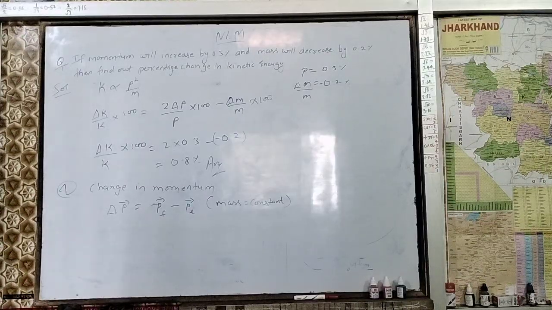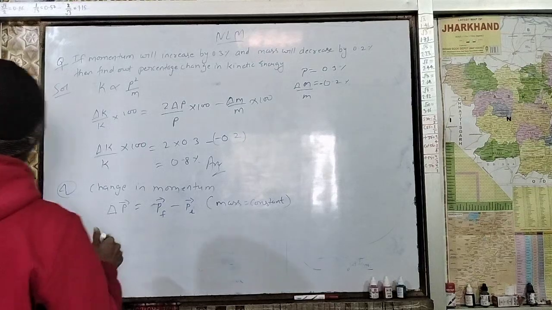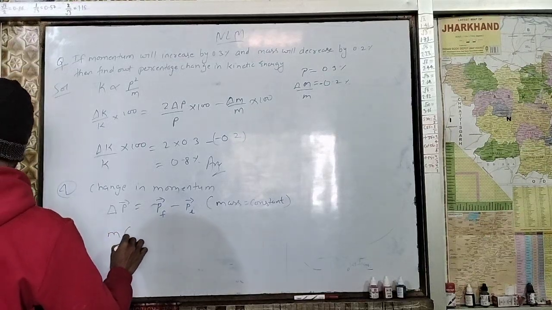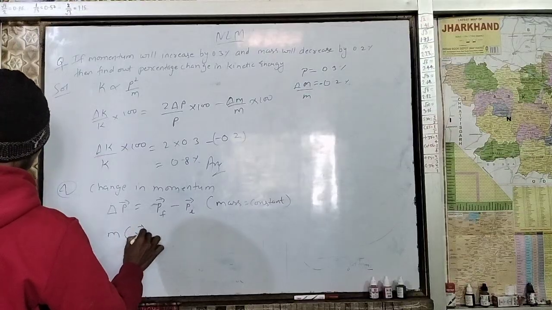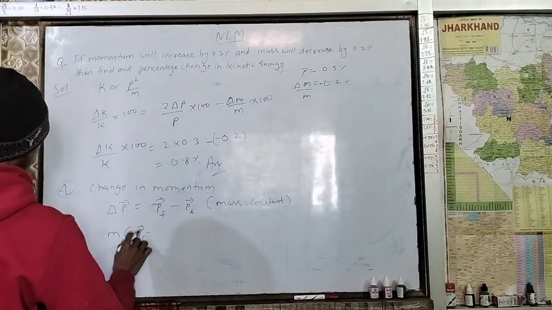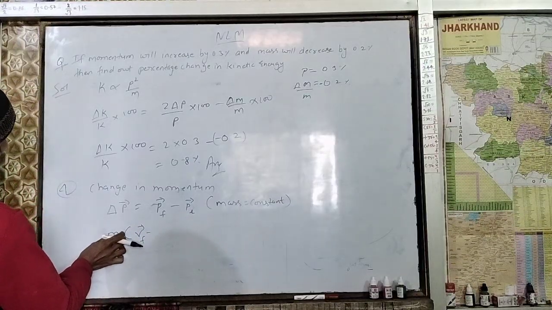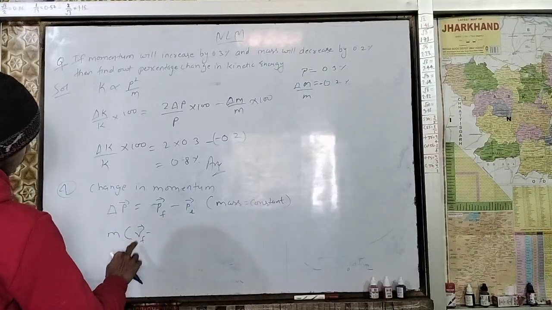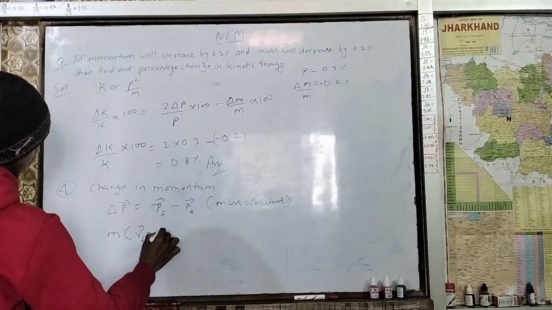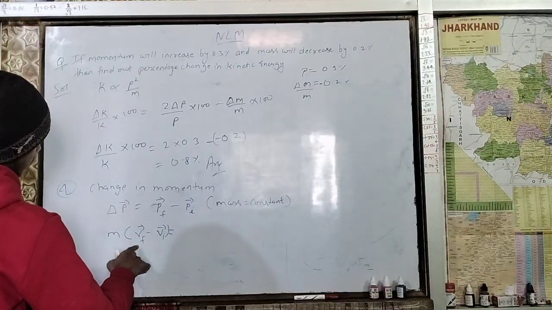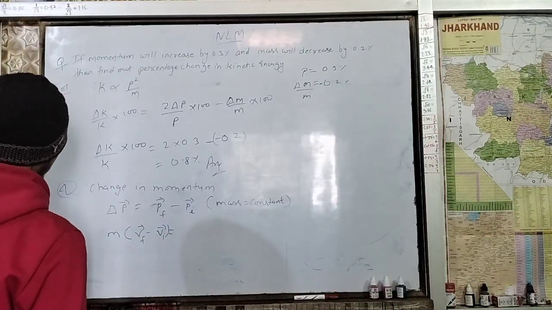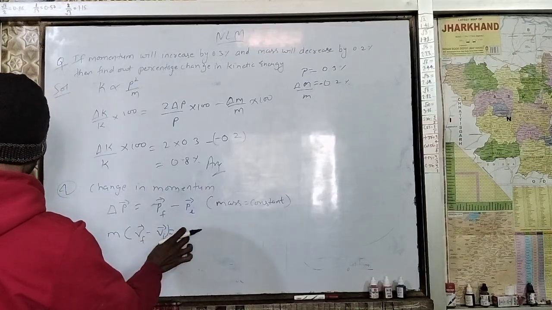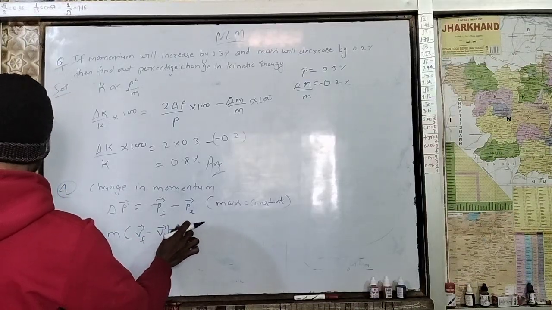Now next, you know that delta P can be written as m into v final minus, here we are multiplying this m by this, so final velocity minus initial velocity is our complete velocity. This is equal to m delta v.